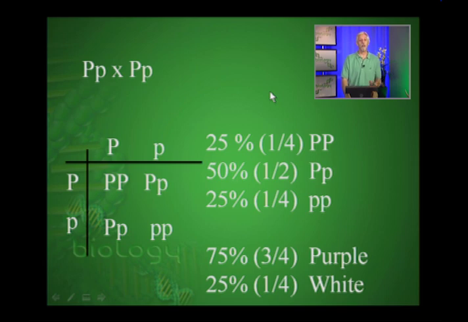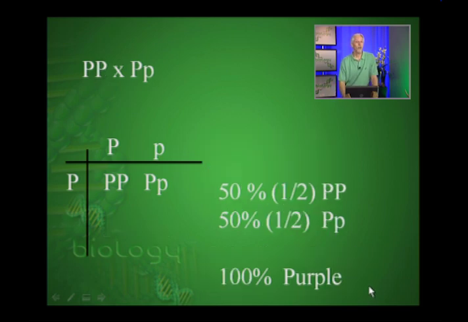If you cross heterozygotes, you would end up with 25% homozygous dominant, half heterozygous, and a quarter homozygous recessive, which would mean 3/4 purple, or 75% purple, 1/4 white. And then homozygous dominant times heterozygous would give us half homozygous dominant, half heterozygous, 100% purple.